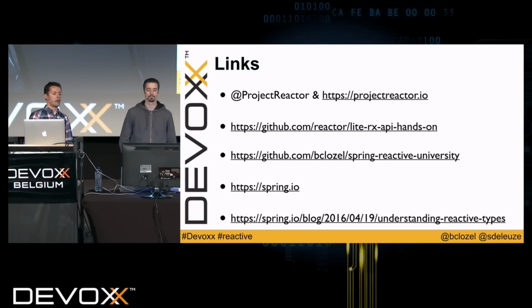The second part is in the third link here. It will probably evolve because we're still working heavily on both Spring Boot and Spring Framework on this, so it will get better. And there's an interesting blog that you wrote, I think, about the reactive types. It's a longer version of everything you said about the JDK 8, RxJava types, etc. If you want to know more about this, it's really useful.